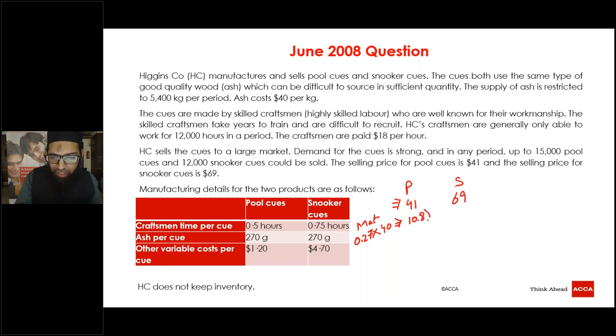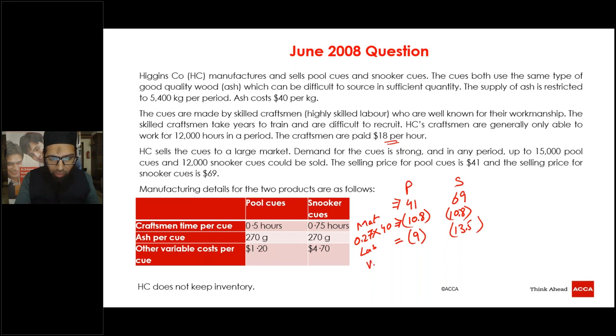So this 10.8 will be the same in both cases. Then we have a labor cost. It will be 18 per hour. So 0.5 hours are required by pool cue, so it will be $9, and 13.5 for snooker cues. It is 0.75 multiplied by 18.